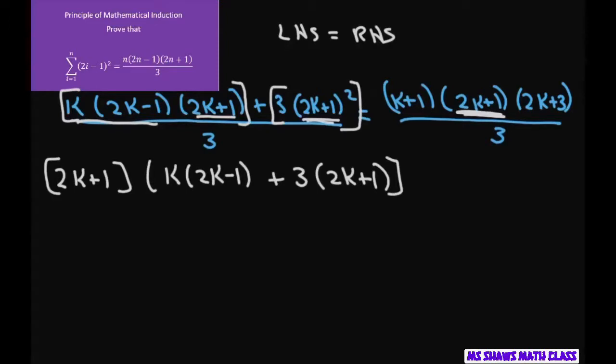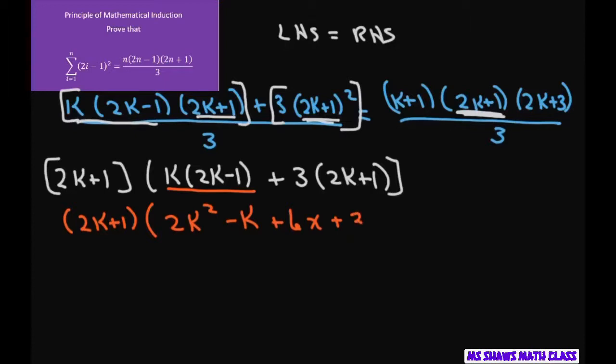Now all we need to do is simplify. We have 2k plus 1. And let's fix that. This is 2k squared minus k plus 6k plus 3. So I'm going to add those two up.